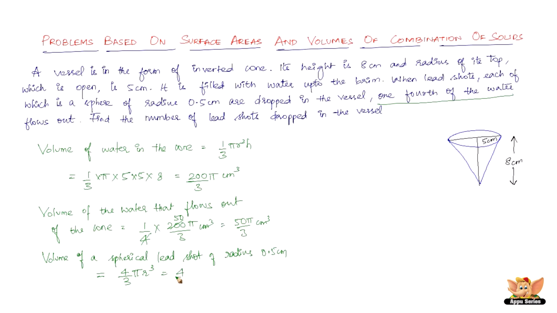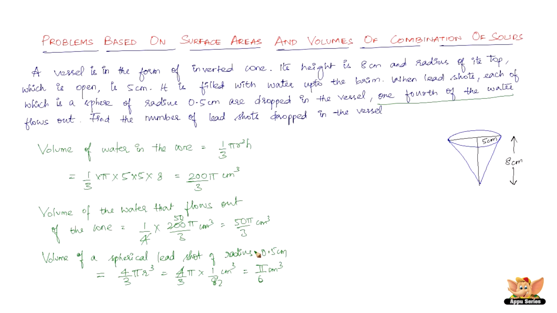So let us substitute that. It is 4/3 pi times 0.5 centimeter cube. Now 0.5 cubed is nothing but 0.5 times 0.5 times 0.5, which eventually gives the fraction 1/8. So 1/8 centimeter cube, 4 goes 2 times in 8. So we get pi by 6 centimeter cube. So the volume of one lead shot sphere is pi by 6 centimeter cube, right?